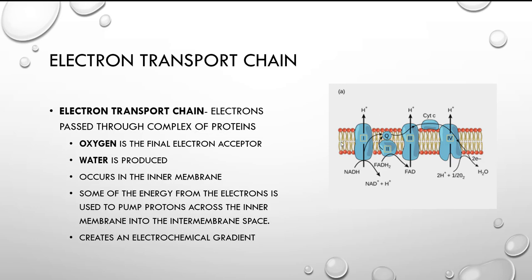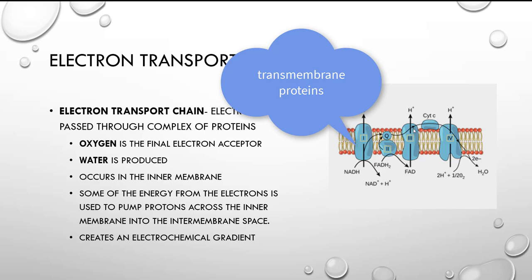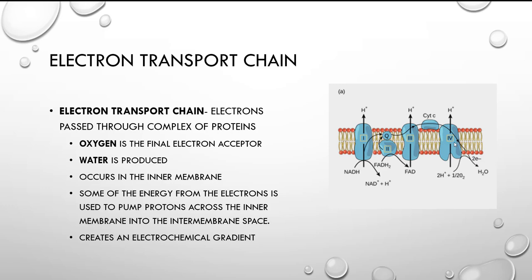Okay. So here is that inner membrane. And again, here's that mitochondrial matrix, and here's the intermembrane space. So you can see how the electron transport chain involves transmembrane proteins and peripheral proteins embedded within the inner membrane.